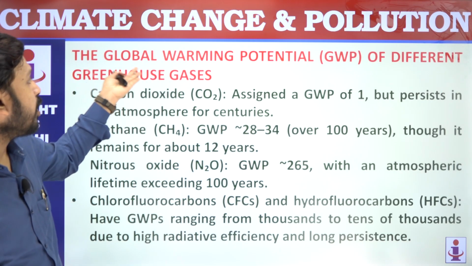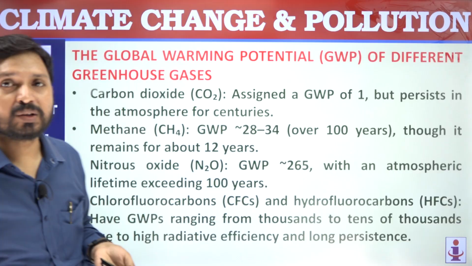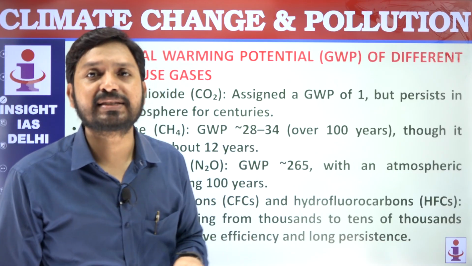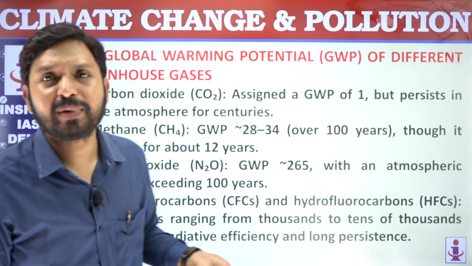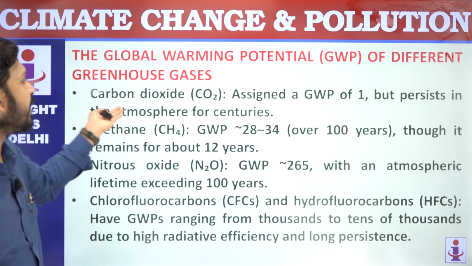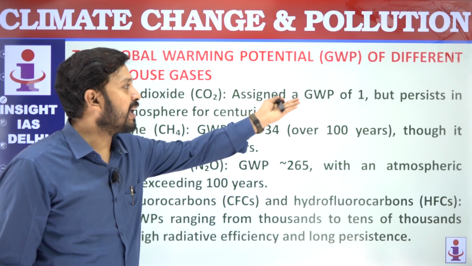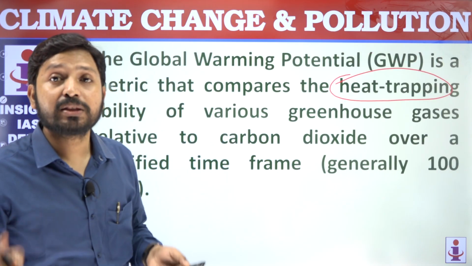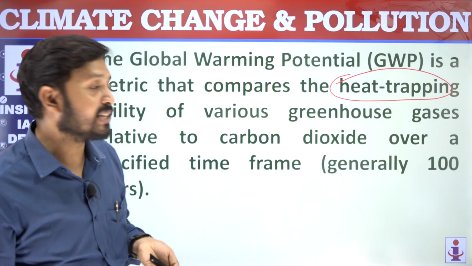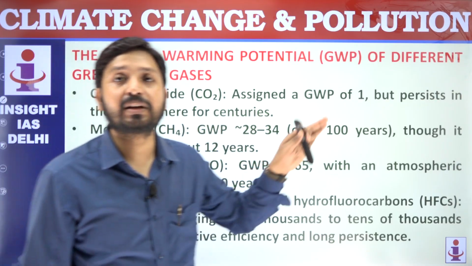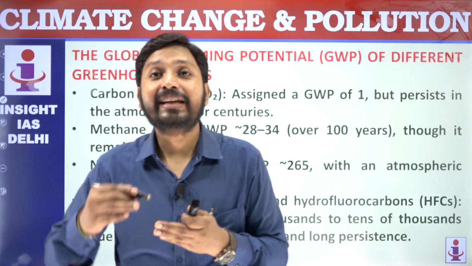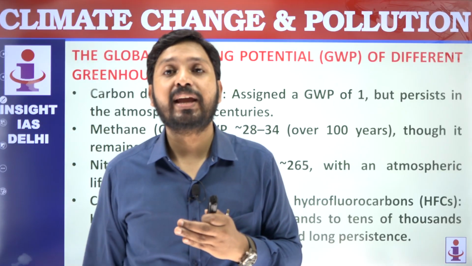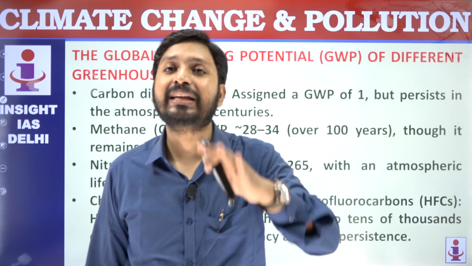So the global warming potential of different gases, for example, we have seen the major greenhouse gases are carbon dioxide, methane, nitrous oxide, water vapor, all these things, right? So let's see carbon dioxide. Everything here is with respect to carbon dioxide, so its global warming potential is taken as 1 unit, but the problem with carbon dioxide is its lifetime in the atmosphere is very high, more than 100 years it can stay in the atmosphere.